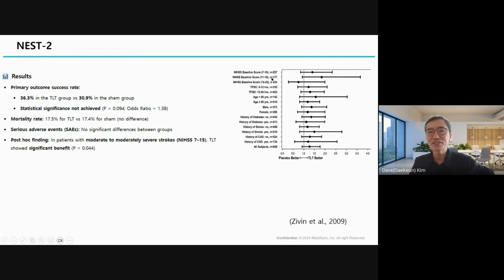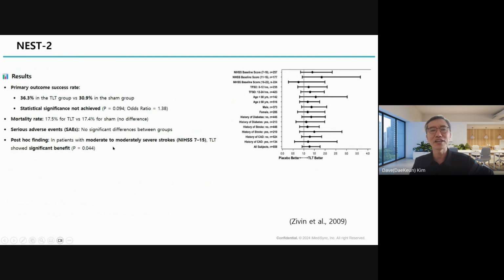They found that the moderate stroke population responded. They combined these two subgroups and made significant changes. So the moderate and moderately severe stroke group responds very well, they found, using the post-hoc analysis.